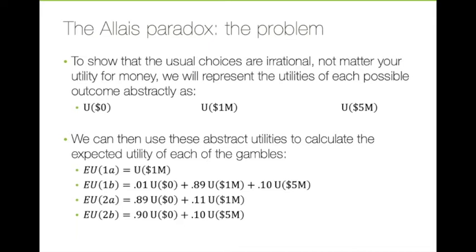We can then use these abstract utilities to calculate the expected utility of each of these gambles. So the expected utility of 1A is just the utility of $1 million because you get $1 million for certain. The expected utility of 1B is 1% chance of getting the utility of $0, 89% chance of getting the utility of $1 million, plus the 10% chance of getting a utility of $5 million.